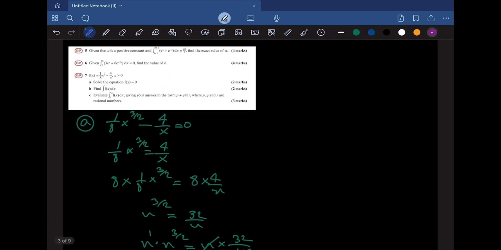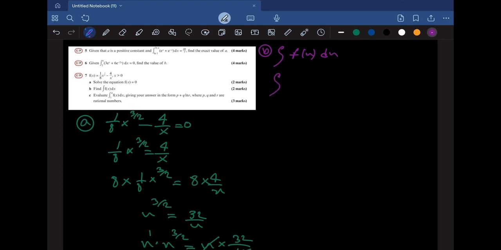Now moving on to part B. Part B is, they have asked us to integrate f(x). So to integrate f(x), we will write it like this.